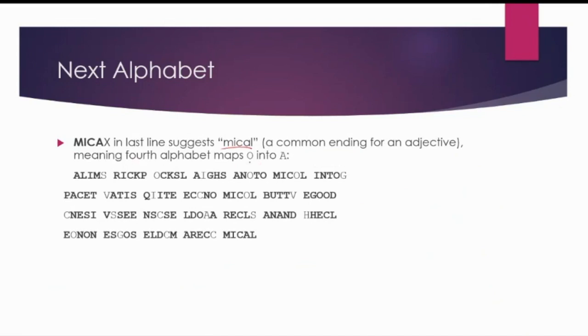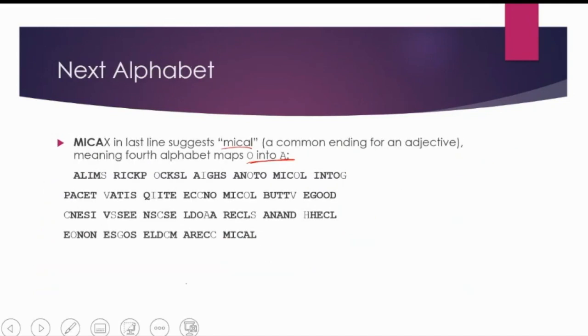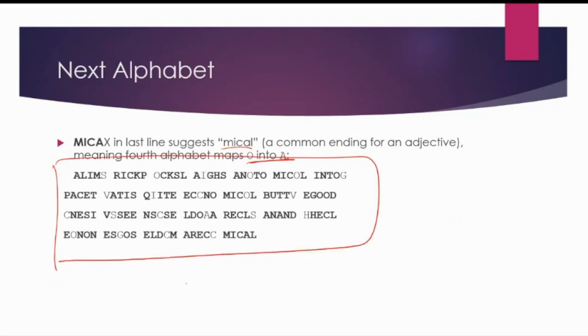So O goes in place of A. So the fourth letter will be O. Okay. And then once you are done with that, this is the final text you get if you replace the fourth alphabet by O, or you assume that the key corresponding to each fourth alphabet is O.